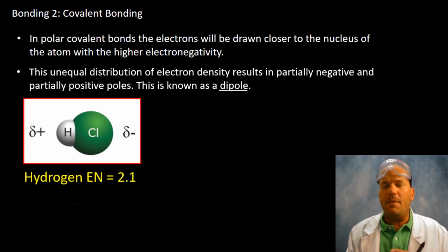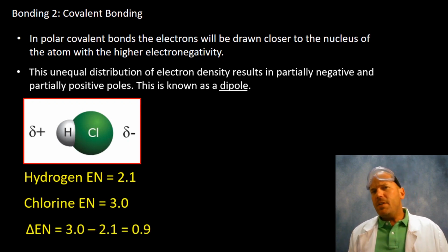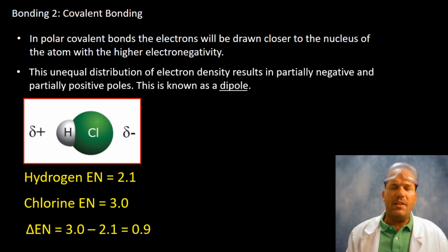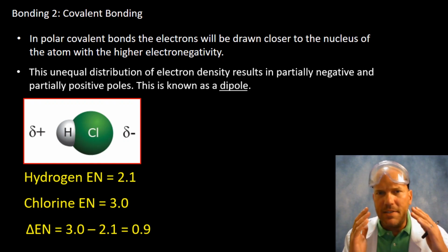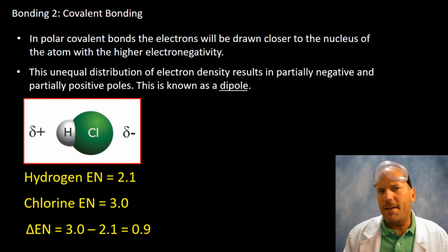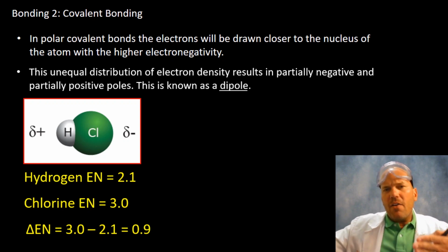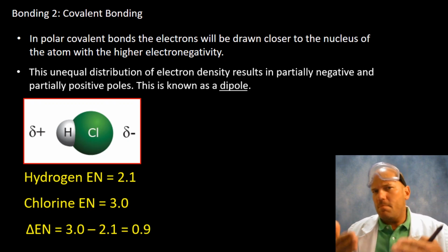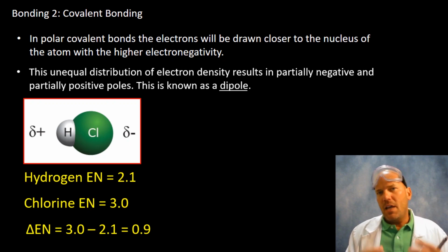Let's look at an example here. Let's look at hydrogen chloride. Hydrogen has an electronegativity of 2.1, chlorine 3.0, so our delta EN value is going to be 0.9. Where does that fall on the scale? Well, it puts us into the area of a polar covalent bond forming, unequal sharing among species.